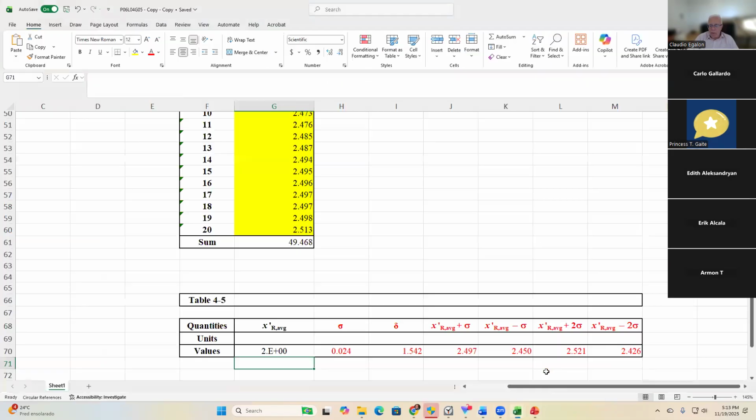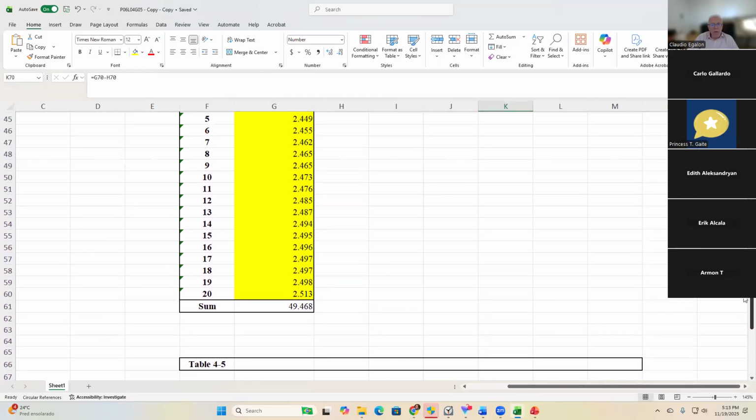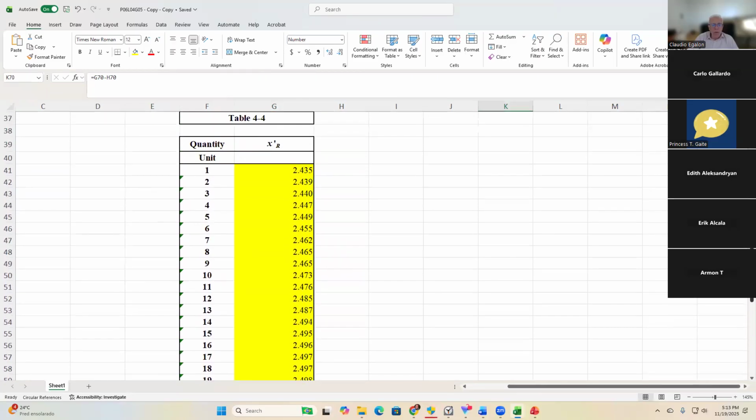So let's go here. My x minus sigma is 2.450. That's the lower value, 2.450 is right in here, right? 2.450, and then we write that down so you don't forget about it. That's the lower value.